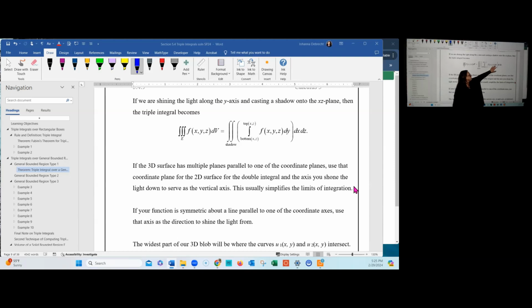And then I would integrate with respect to y first. Whether I integrate with respect to x or z next depends on the double integral, which one I think is simpler to do. So in this case, again, whichever axis your flashlight is shining down, that's the variable that forms the single integral. All right.